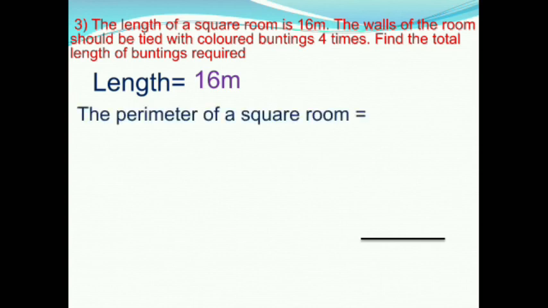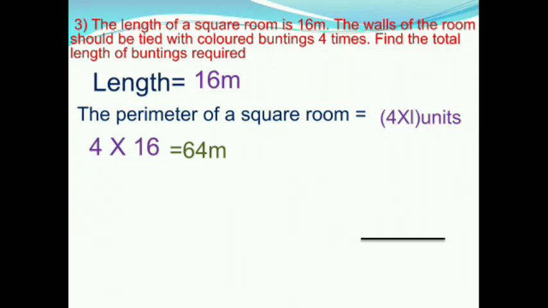Now we should find out the perimeter of a square room. The perimeter of a square room is equals to 4 into L units. Now we should multiply 4 by 16. 16 fours are 64. Therefore the perimeter of a square room is equals to 64 meters.